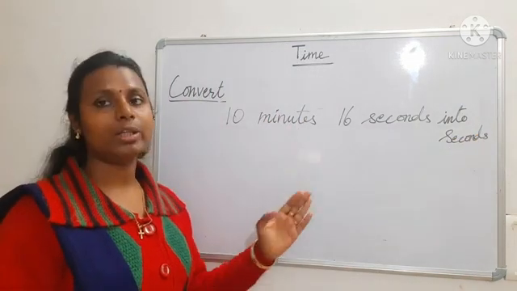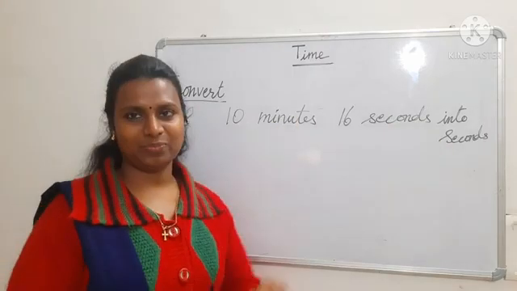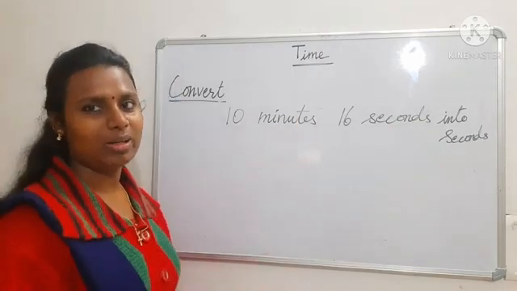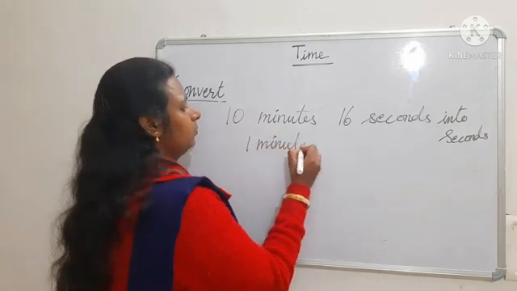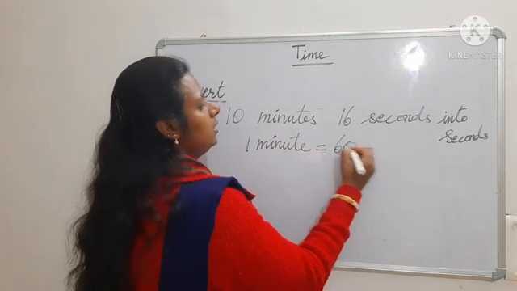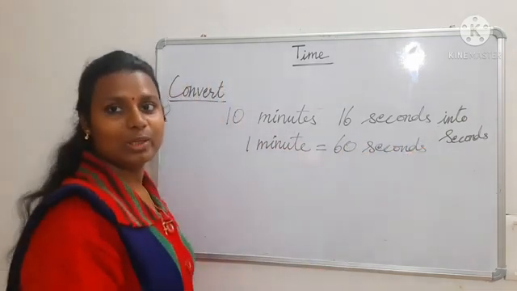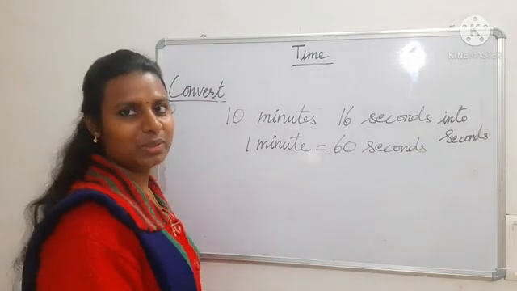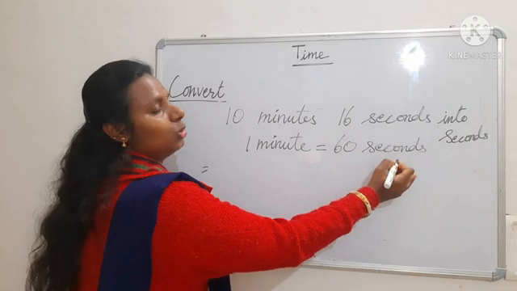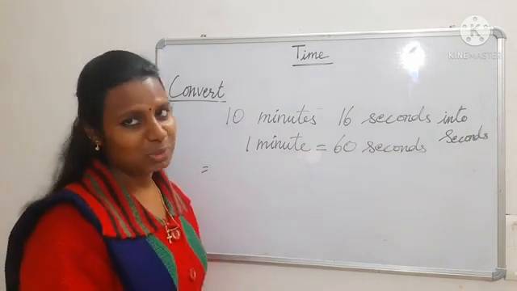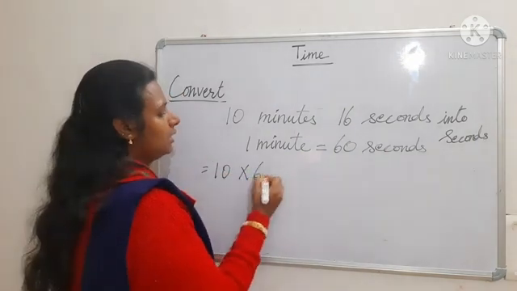We have to convert into seconds. Minutes and seconds, what are the measures you are going to write? 1 minute is equal to 60 seconds. Now you know that higher units to lower units we are converting, so we have to multiply. So 10 multiplied by 60 seconds.